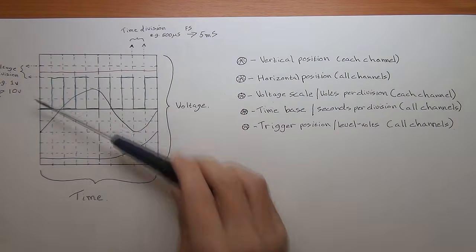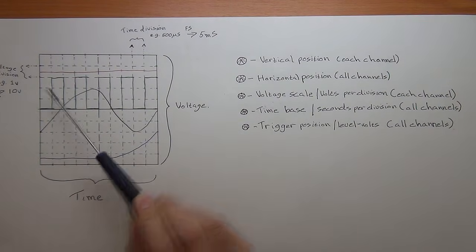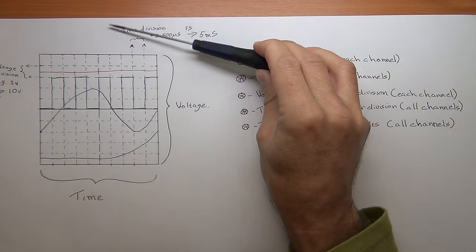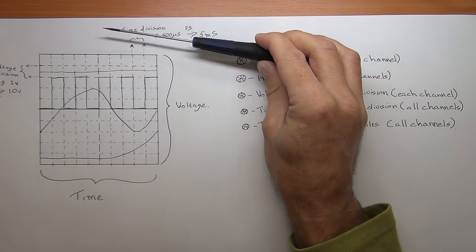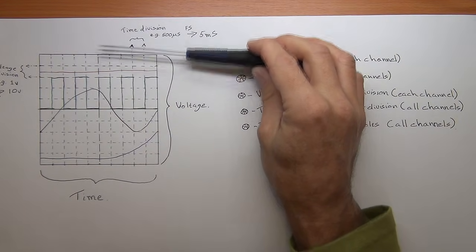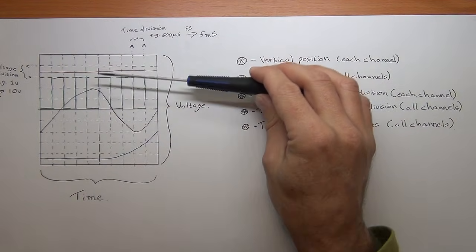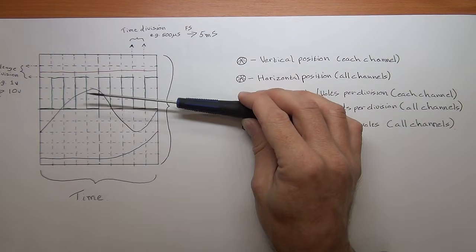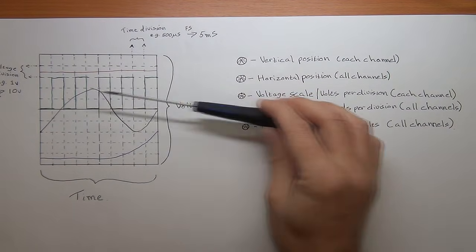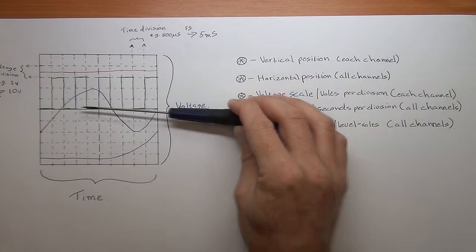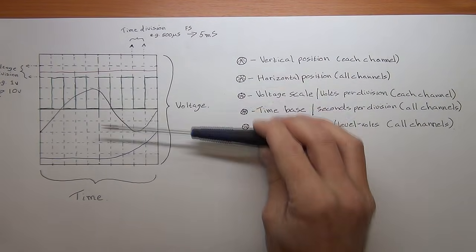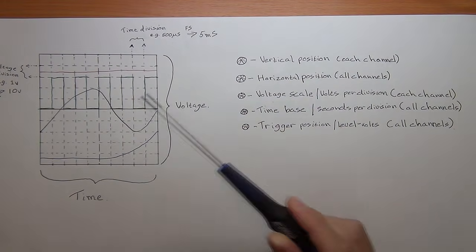Because depending on what scale you've set for your oscilloscope, it might be out of range of the display. As you saw, I had that signal from that battery, and I had to pull it down so it was in range of the display. And that's the vertical position knob. Very, very simple to use.